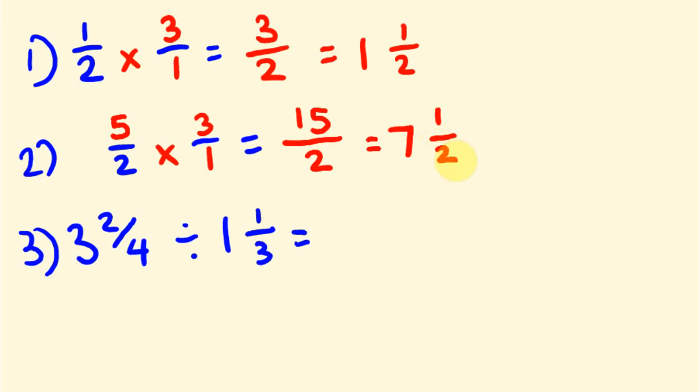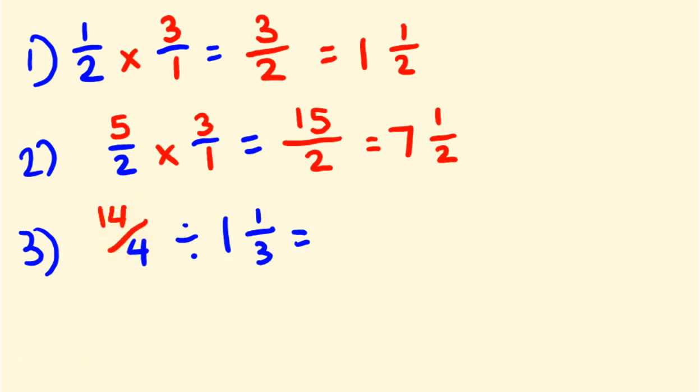Okay, let's do this next question. So, with the magic of erasers and that sort of deal, I'm going to do that as well. So I'm going to change these both. First off, I'm going to change them into improper fractions. So 3 times 4 is 12, plus 2 is 14. Okay, put that line back there.